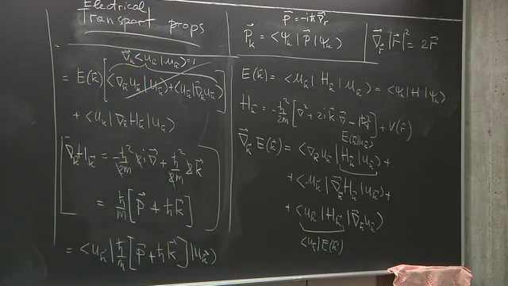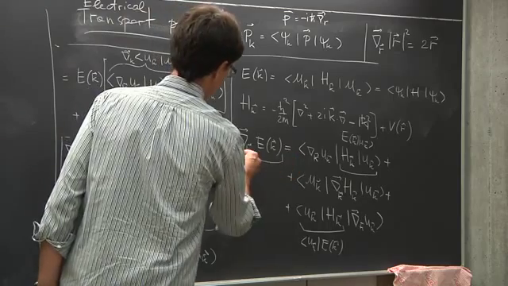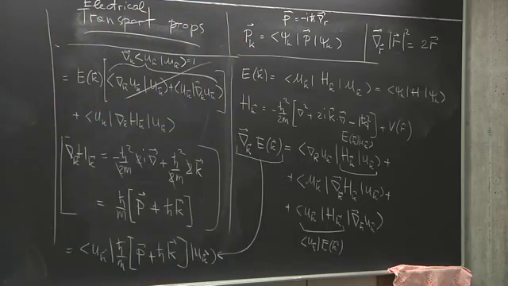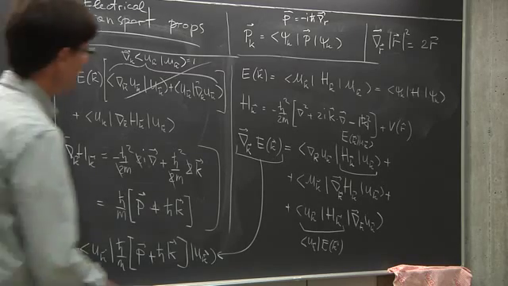Right. Thank you. Okay. So what I've shown essentially is that delta E k is equal to this object. All right. Last step.